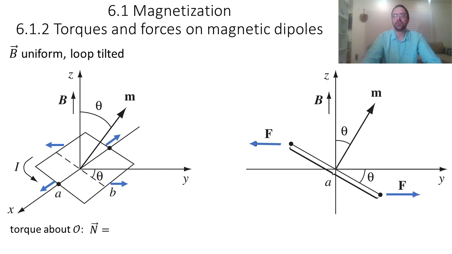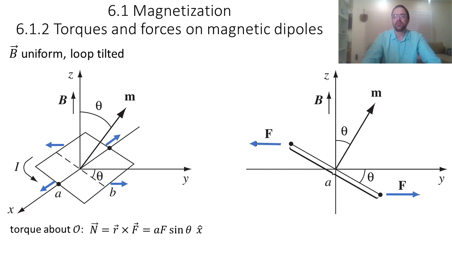So let's calculate the torque about the origin. The torque is r cross F, and the angle between r and F is theta. So adding both forces, we get a times F times sine theta along x hat.